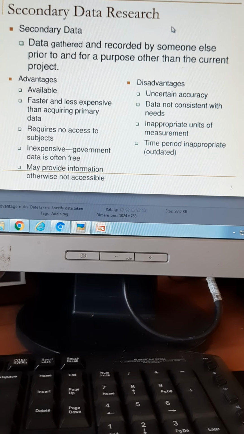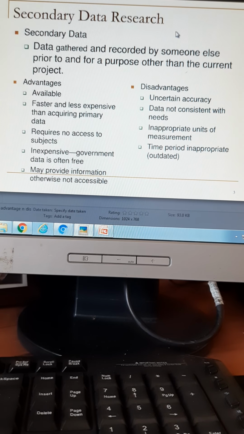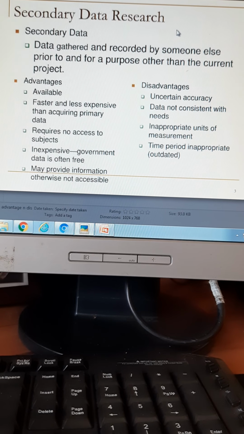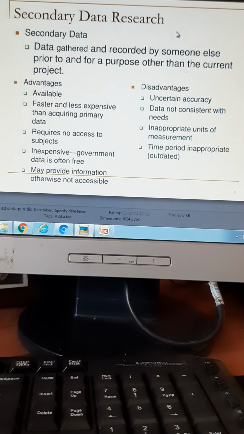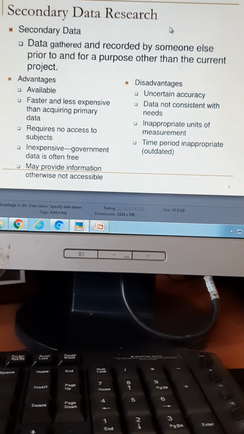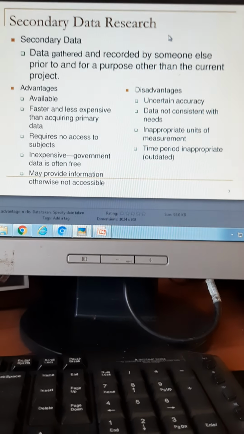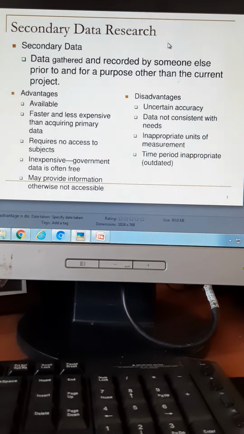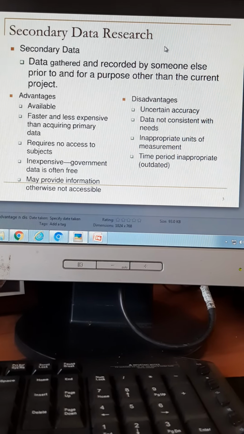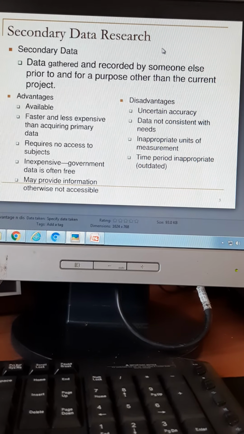Data not consistent with needs. So that particular data is meant for something else. So when you are using that data, you should be smart enough to know where to use it. Right? So that is a very important point. Inappropriate units of measurement. For example, I want the loss in stock market for the past 5 days only.